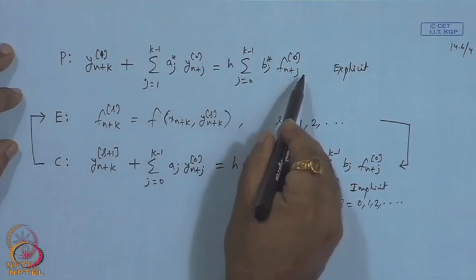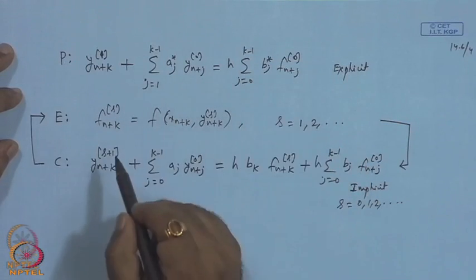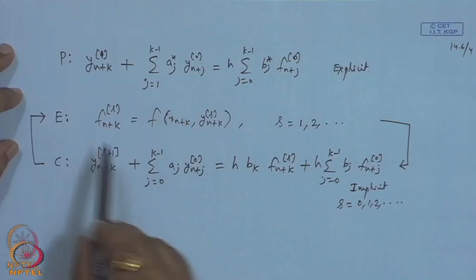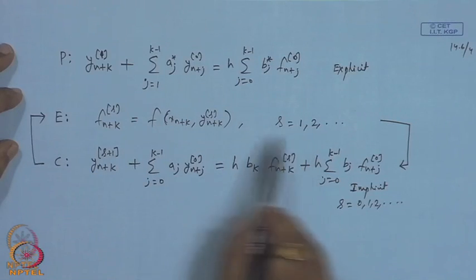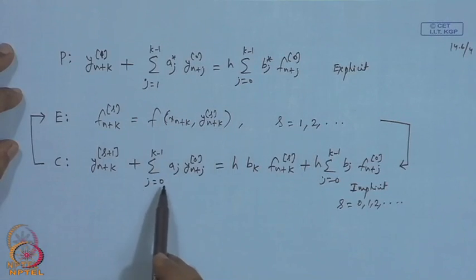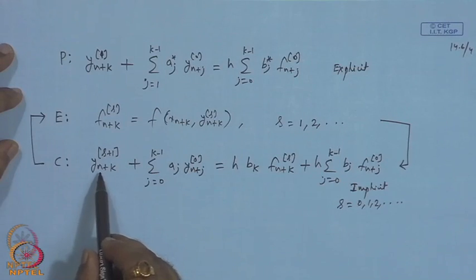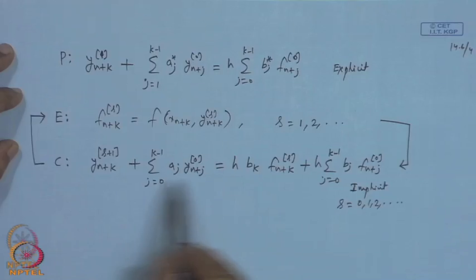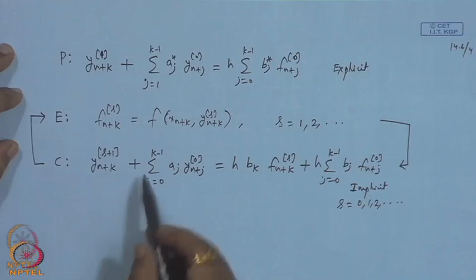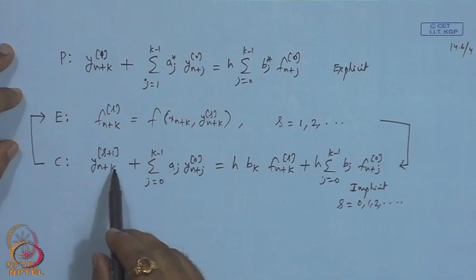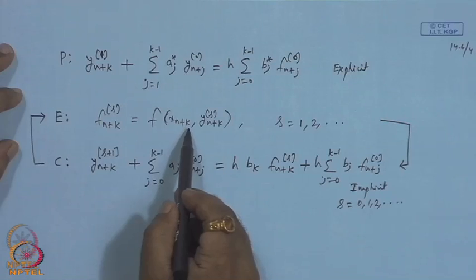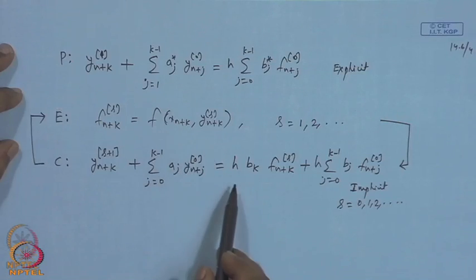First we use the explicit method to predict, then you evaluate f, then whatever f has been evaluated you refine it. Then again you use the implicit method to compute y n plus k refined, put it in, compute f, and put it back to refine it.